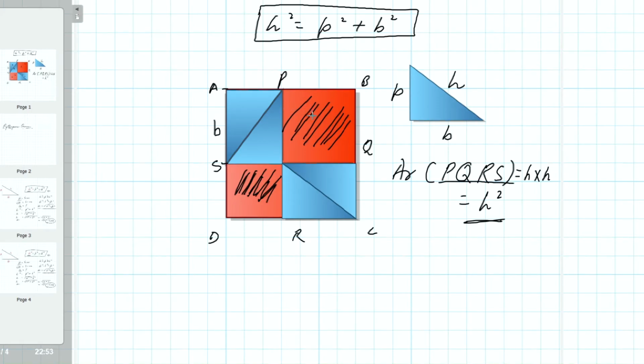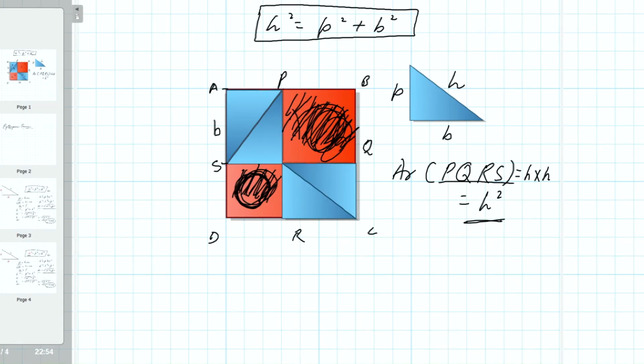In this case we have empty areas, this and this. The orientation of the triangles is changing, but the area of the empty space will remain constant. So we can say that the area of this shape and the area of this shape together will be equal to H square.